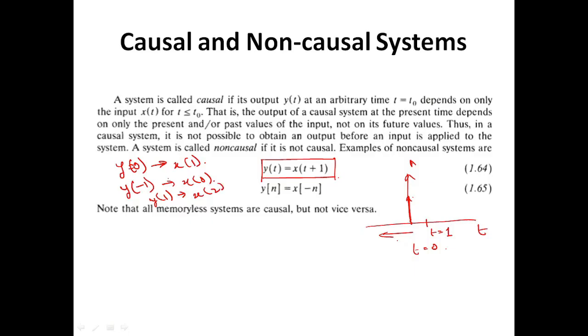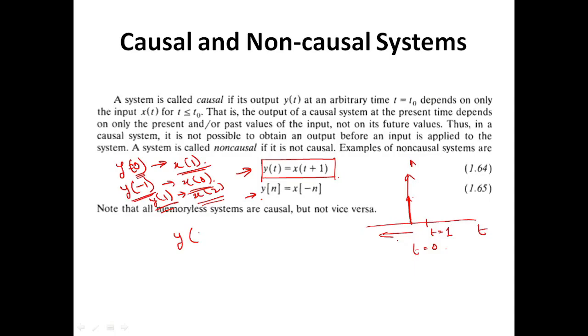In all of these, for y equals 0, that means the present instance, we need a signal from the future. Similarly at y of -1 and y of 1, the signal has to be from the future. That means this system is non-causal.